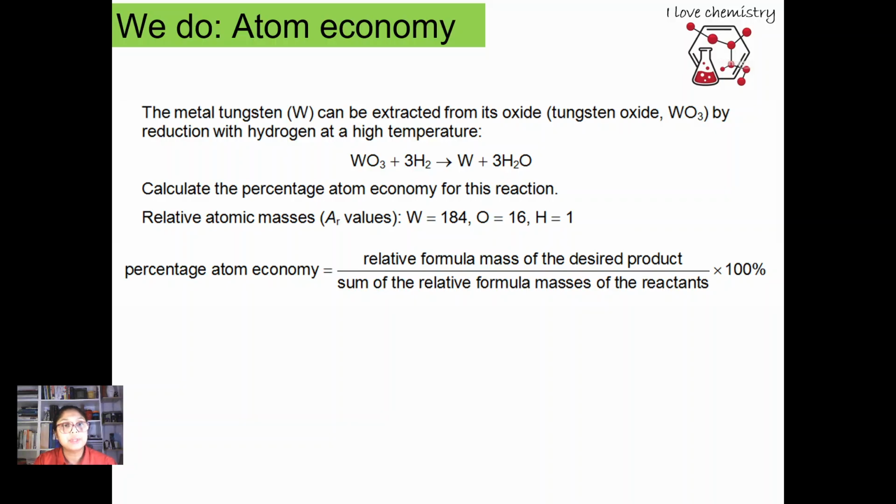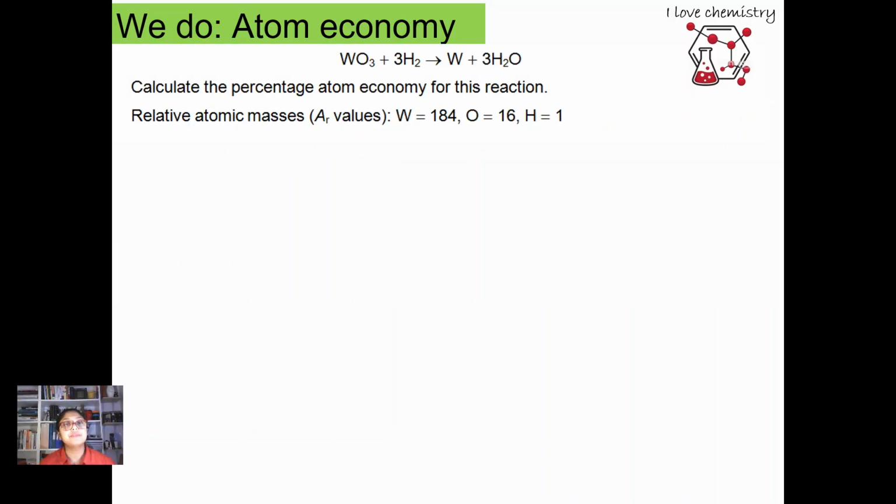They have also given you the relative atomic masses, which is good news because you don't have to look through the periodic table. They also gave you the equation for the calculation, so we have kept it on this slide so that it is in front of us.